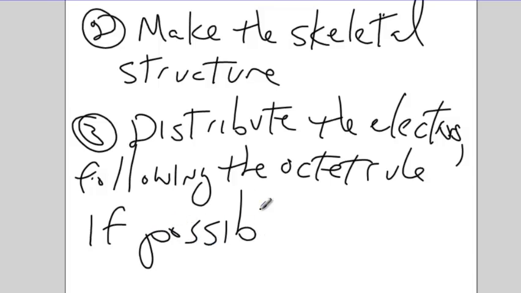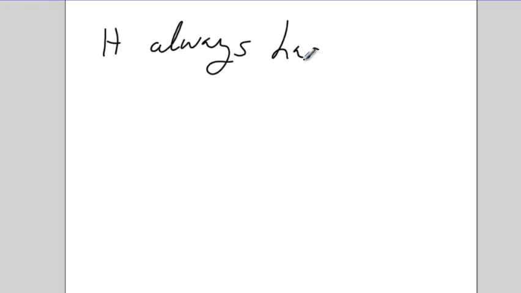Now some things will always break the octet rule. You've probably noticed hydrogen. Hydrogen always has 2 electrons, not 8, because hydrogen only has s orbitals. It has no p orbital.